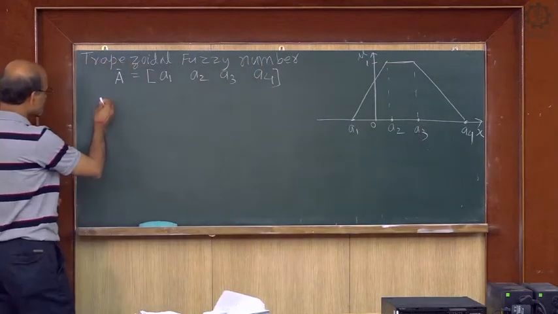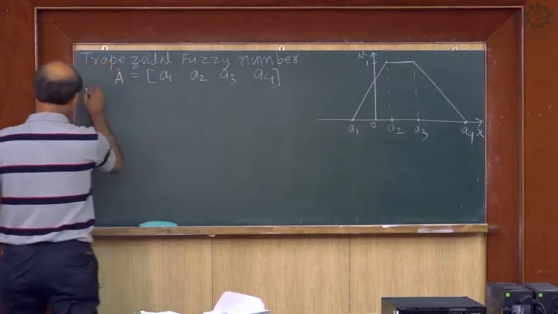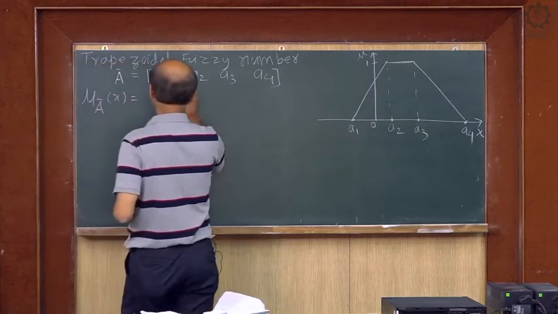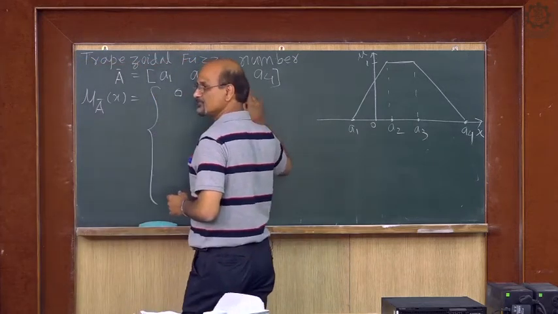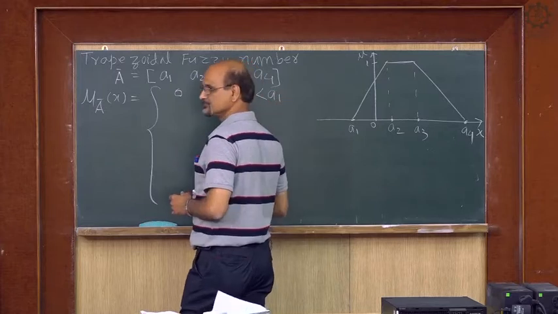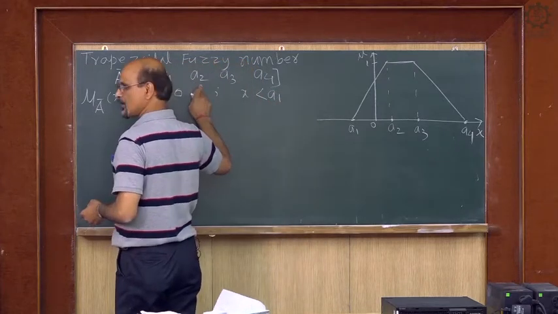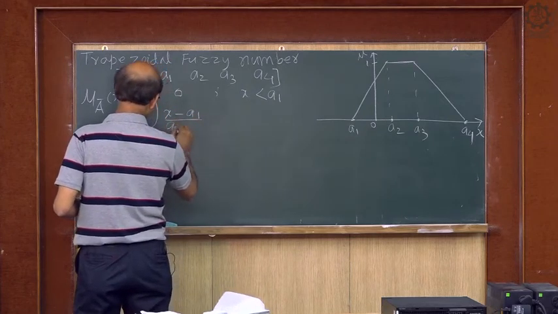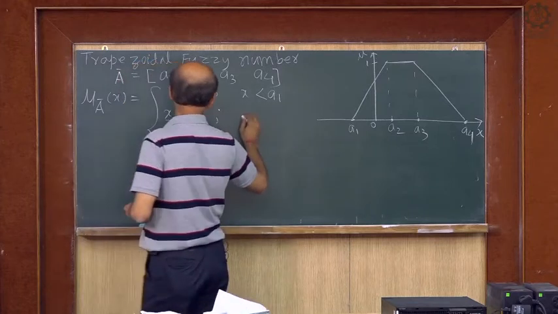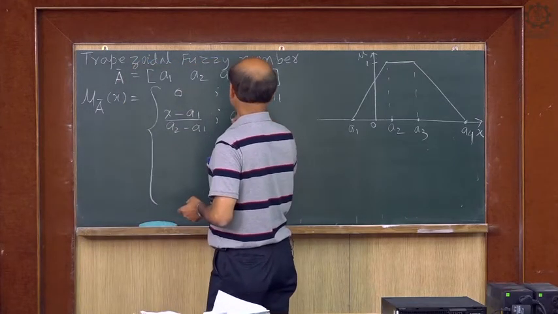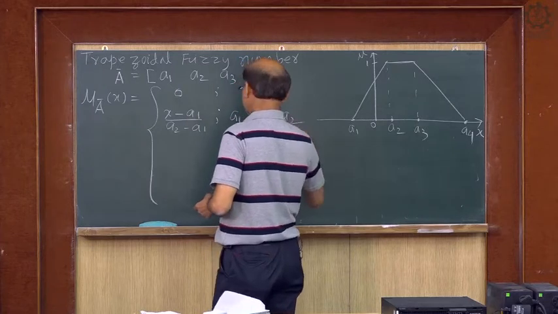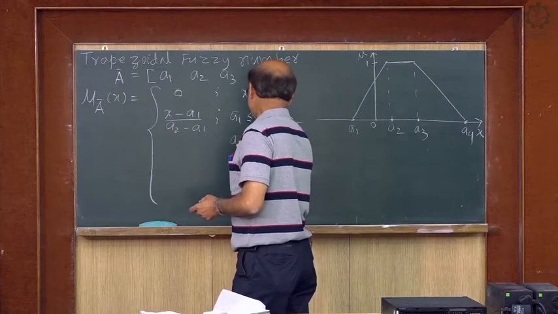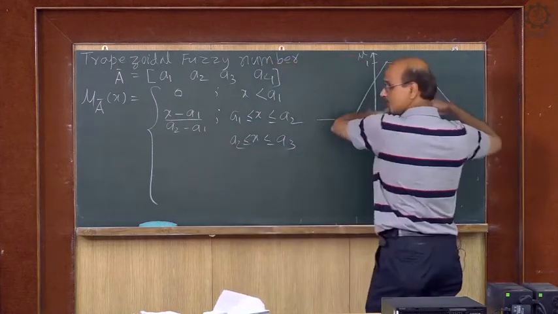Okay? So, in the membership function I can write here mu A bar x as 0 when x less than A1; from A1 to A2 it will be x minus A1 by A2 minus A1 when x is between A1 and A2; and when x is from A2 to A3 this is 1, I have already told this is 1.